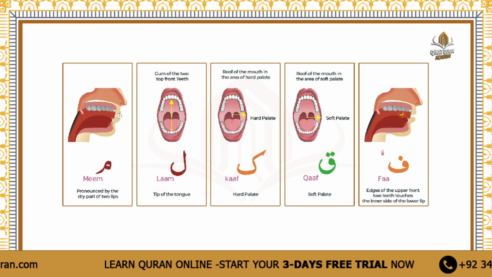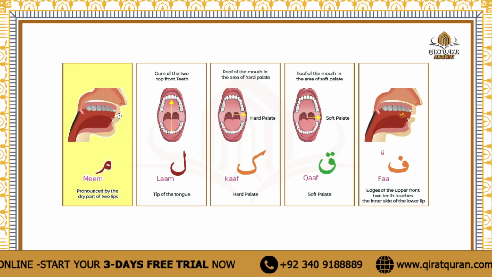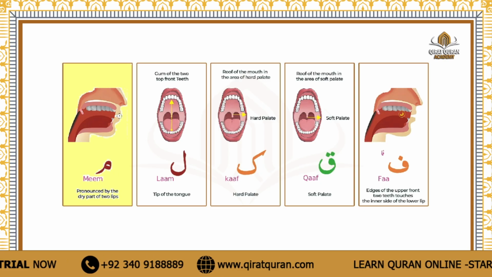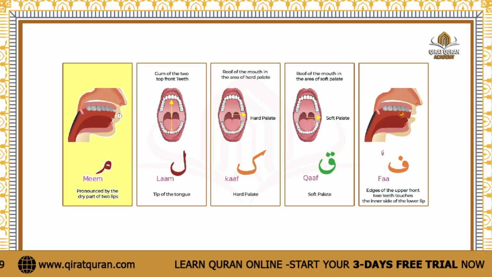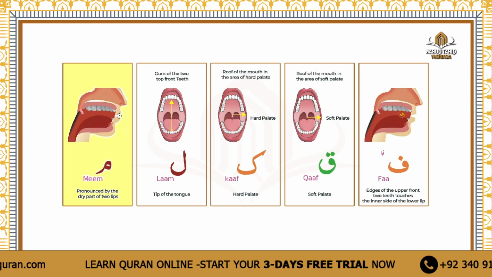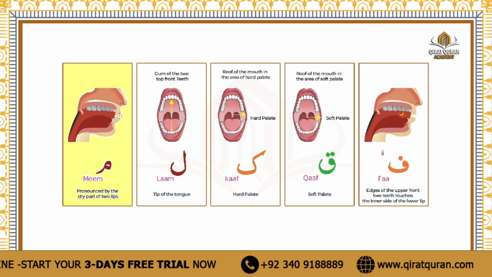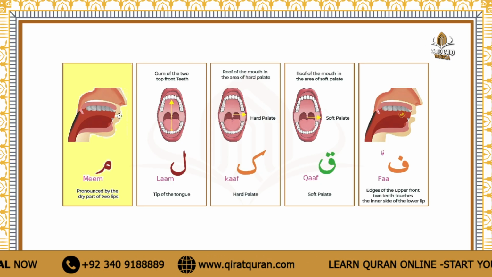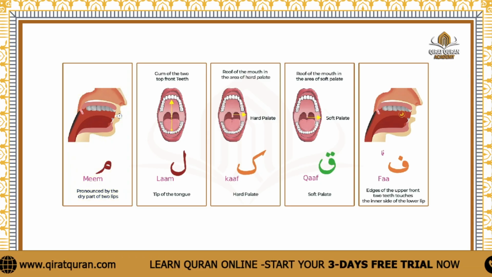And in the end, the letter we have is meme, and the origin of this letter is the dry part of 2 lips. We have to use the dry parts of 2 lips, and when the dry part of 2 lips connect to each other, then we can easily pronounce meme.